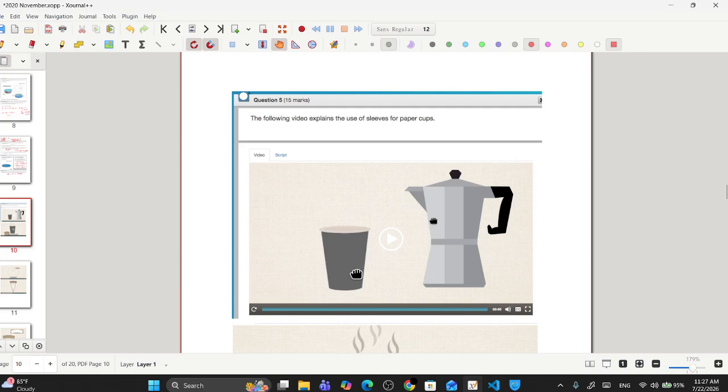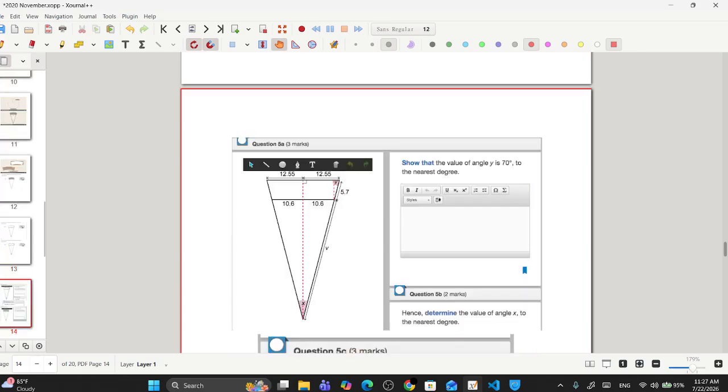All right. Show that the value of angle y is 70 degrees to the nearest degree. This value is 70 degrees. So let's consider this entire triangle, or let's consider this small triangle, only this one.